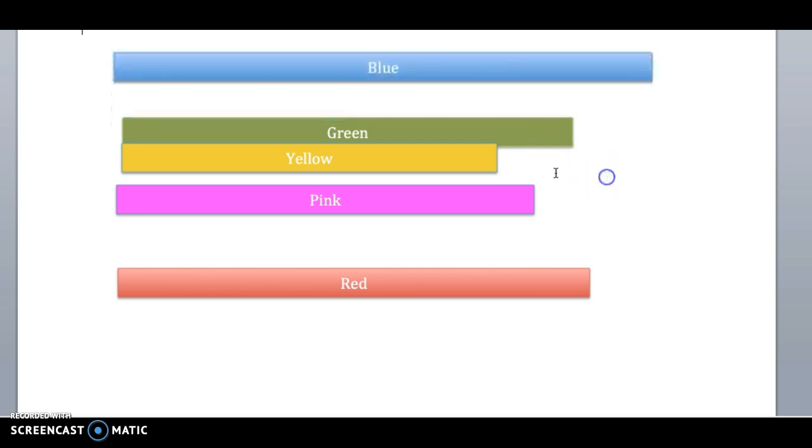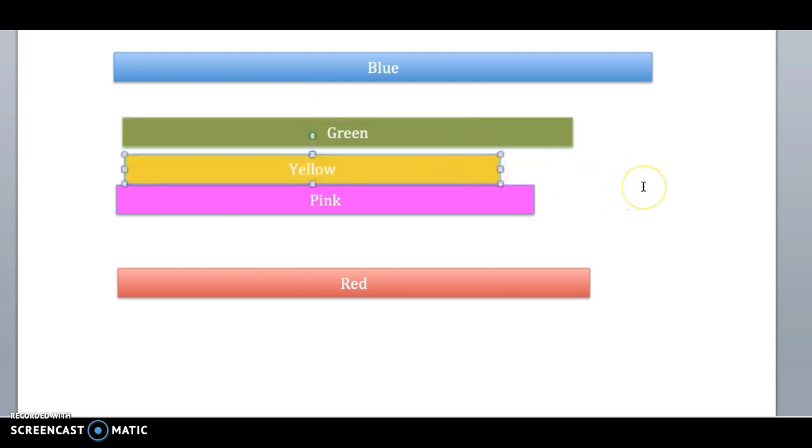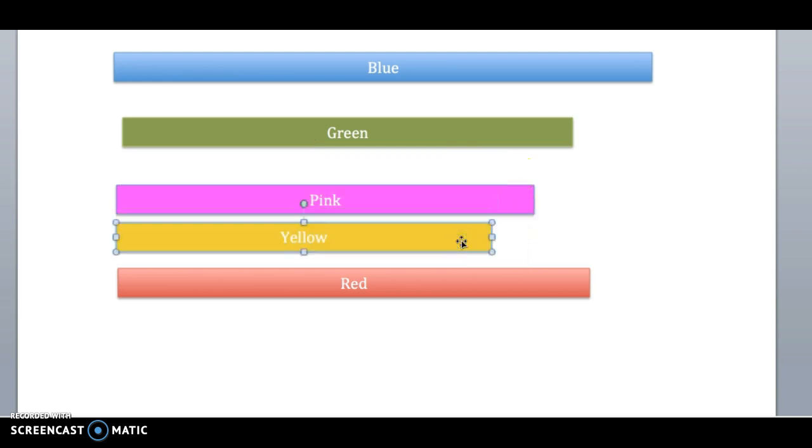Okay, now I'm going to look at yellow and see if yellow is longer than blue. It is not. Okay, now I'm going to compare it against the second one. Is yellow taller than green? No. Is yellow taller than pink? No. Is yellow taller than red?